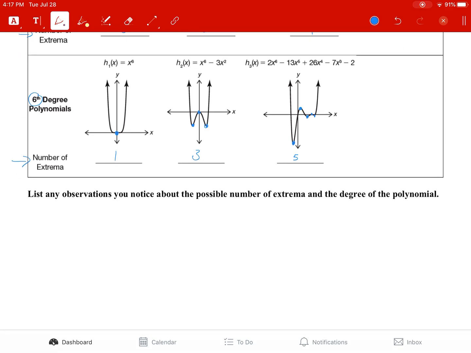So the number of extrema is at most 1 less than the degree of the polynomial.